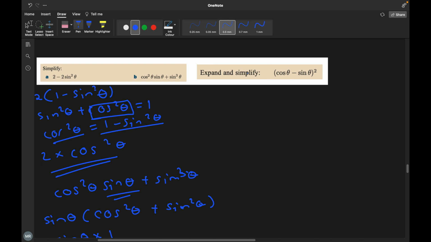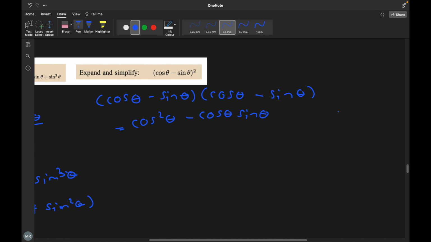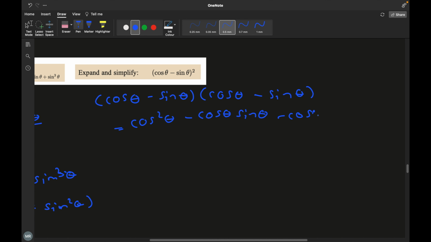So now let's solve this one. Expand and simplify this. This essentially is this. Minus sine theta. Let's multiply this by this. It's going to be cos squared theta minus cos theta sine theta. Again, minus cos theta sine theta plus sine squared theta.